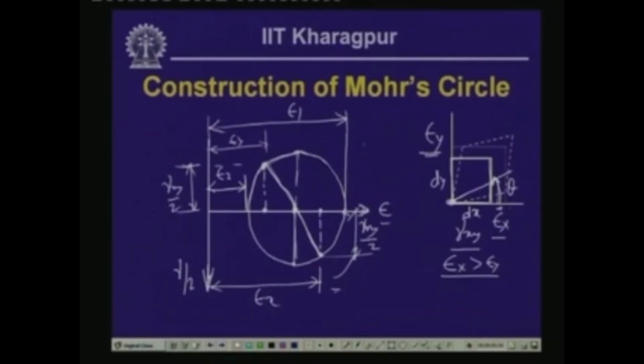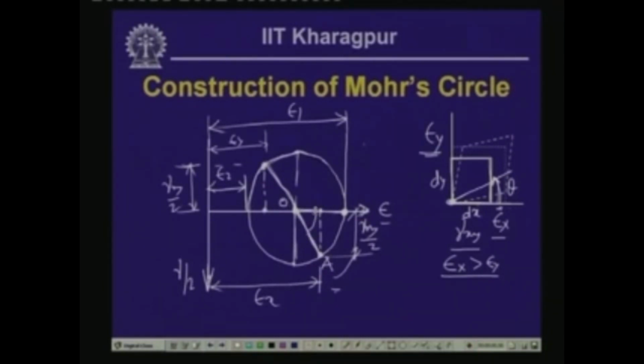Now, this is the point which denotes the maximum normal strain epsilon 1, and this particular point is oriented at an angle of 2 theta p with reference to this. Now, this is our reference line where epsilon x and gamma xy occurs. So, from this particular reference line, let us call this OA.